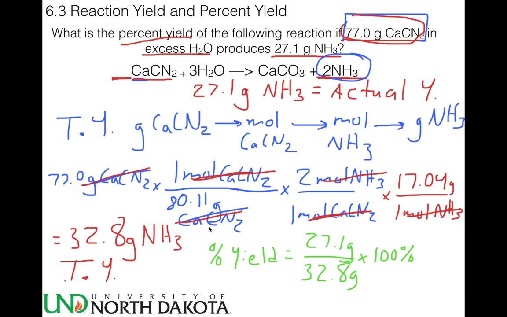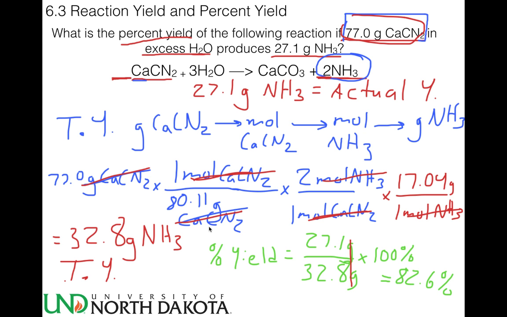So notice how our grams cancel out here in the percent yield equation, and our answer is just in terms of the unit percent. 27.1 divided by 32.8 times 100% is equal to 82.6%. So a really good yield for this reaction.